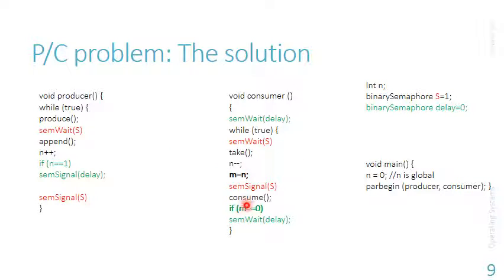The whole point here is to make sure that I'm testing the original value of n. The idea is, you can notice that I decrement the current value of n, and I put the value in m, and here I'm not testing the new current value of n, rather I'm testing the one that I used inside my critical section.